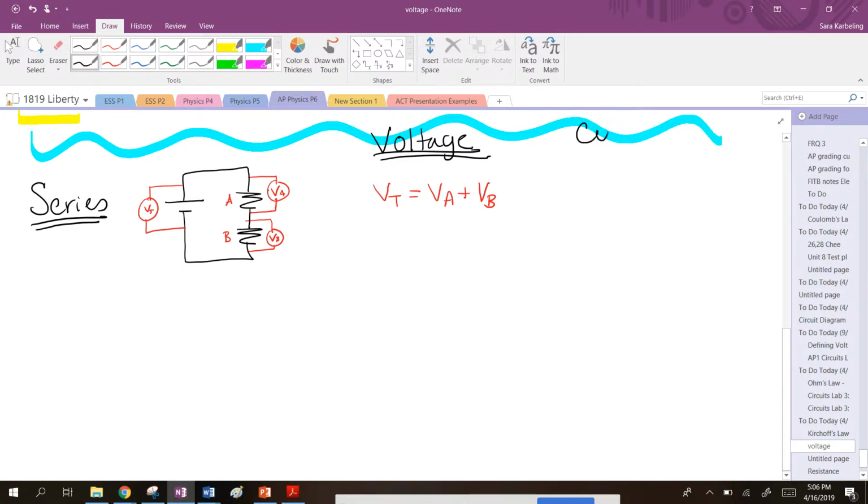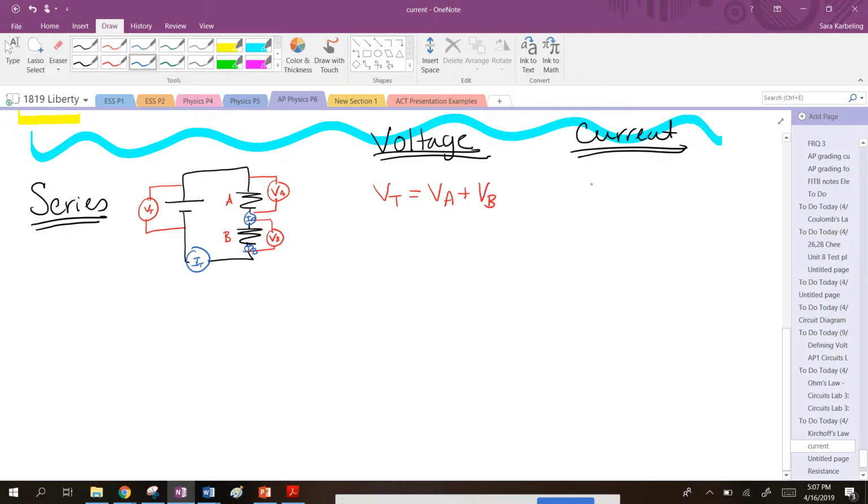When talking about current, if you measure it in different places, you could measure it over here. Maybe we'll call this the current total. Oops, I need to write that as current. Excuse me, that's embarrassing. The current going through, total, versus the current going through here, going through B, current B, and then maybe the current going through A, if I measured a current right here.